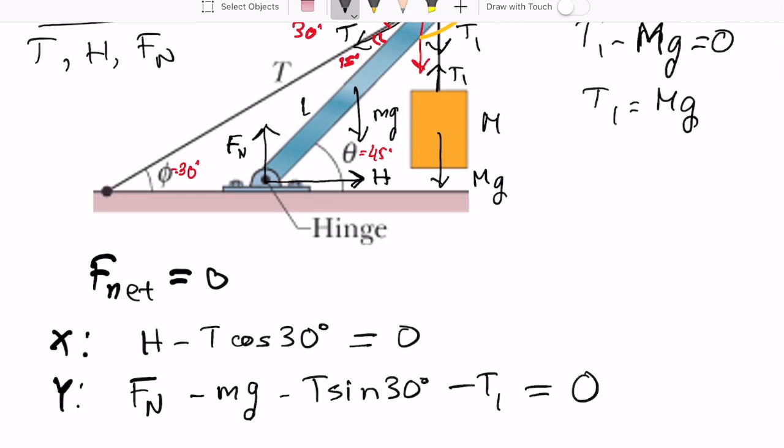So that's the second equation that we get from F net equals 0. T1 is a known quantity. Again, we have an equation which gives us a connection between FN and T. All right, so we need one more equation. That would come from net torque equals 0.